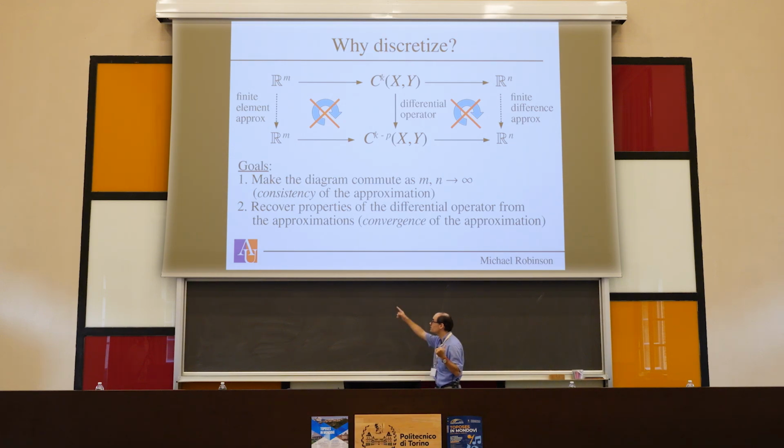On this side is finite element approximation, a sum of basis functions being used as a proxy for solving the differential equation. Whereas on the right, it's a finite difference approximation, using values of the function and taking differences of them. And the goal in either case is to make the diagram commute as best you can.